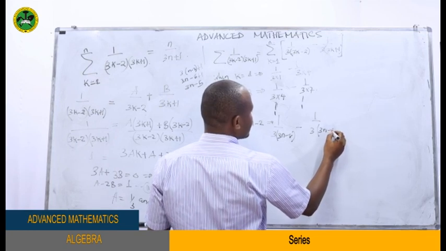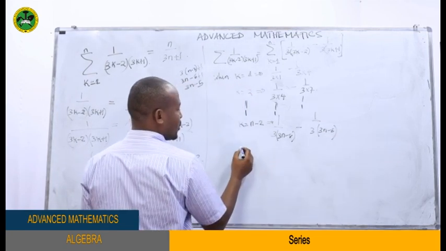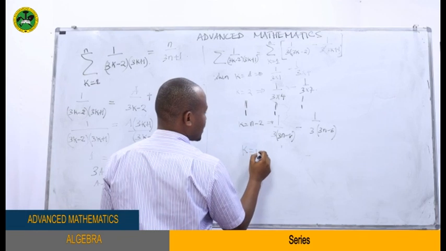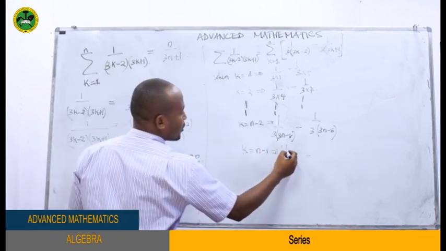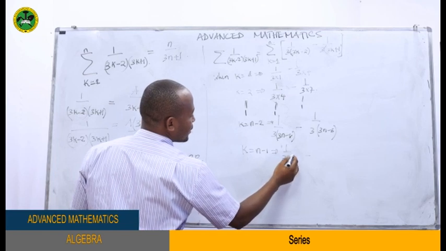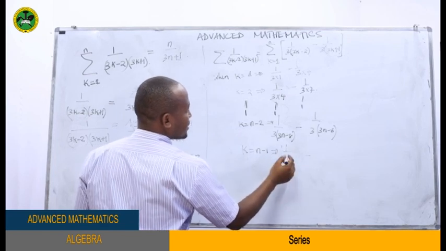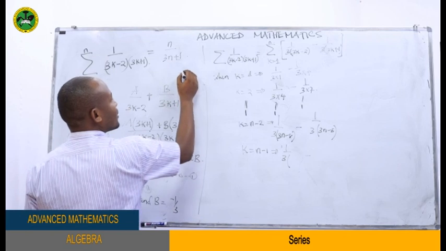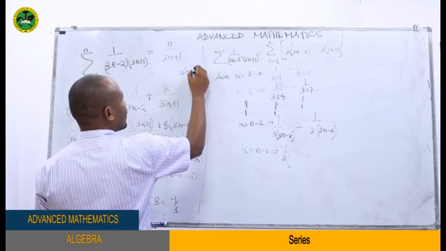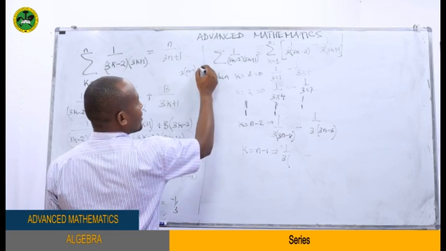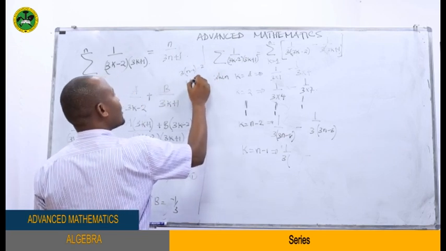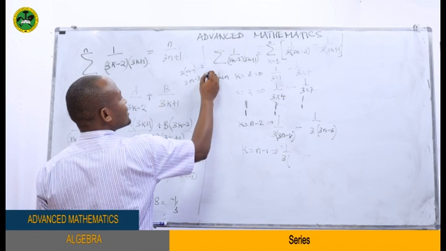3n minus 5. And let's see, when k is equal to n minus 1, it implies that we have 1 over 3 in brackets. Let's find the inside of the brackets. Then we have 3 times n minus 1, that means 3n minus 3 minus 2.